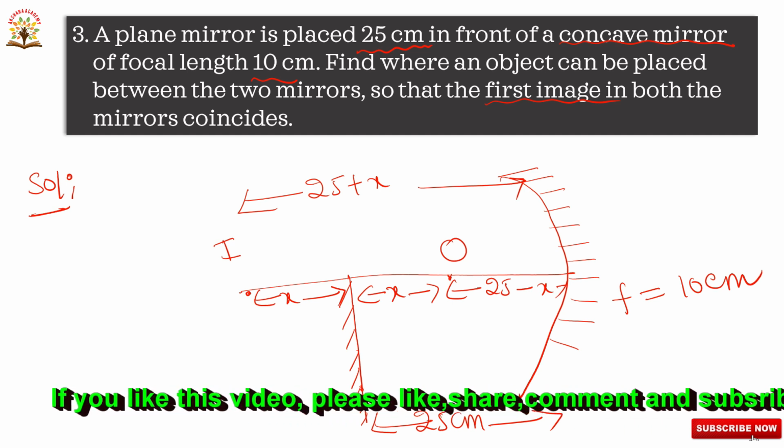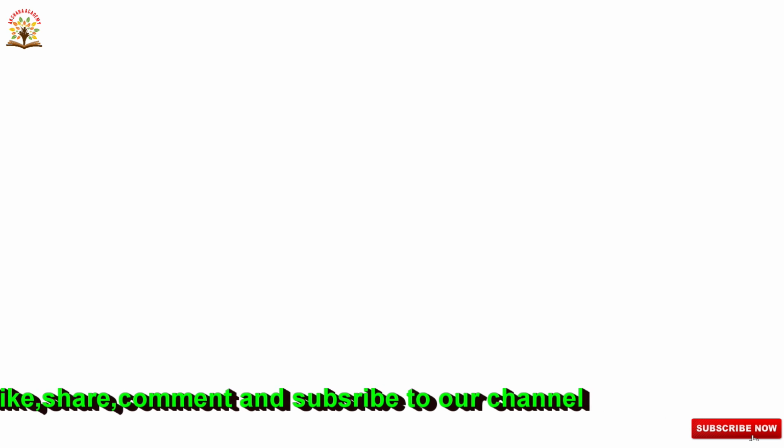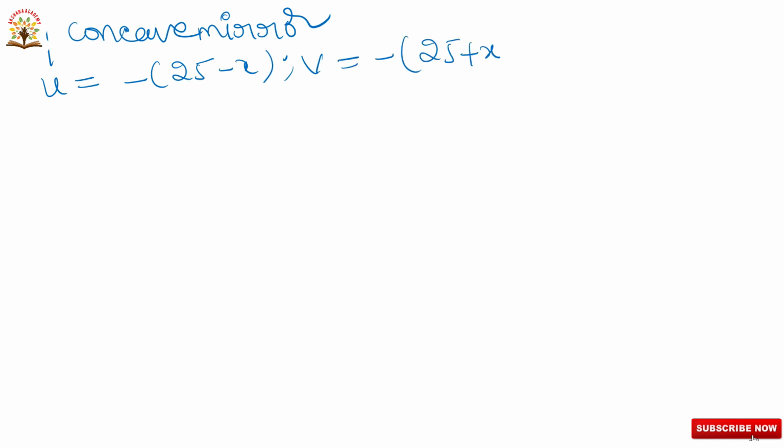For the concave mirror, u is equal to minus of (25 minus x), and v is equal to minus of (25 plus x). f is given as minus 10 centimeter.